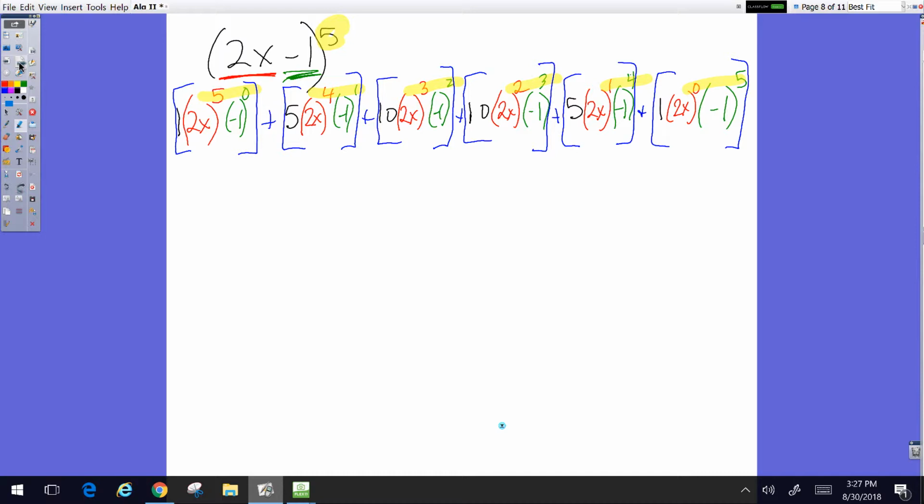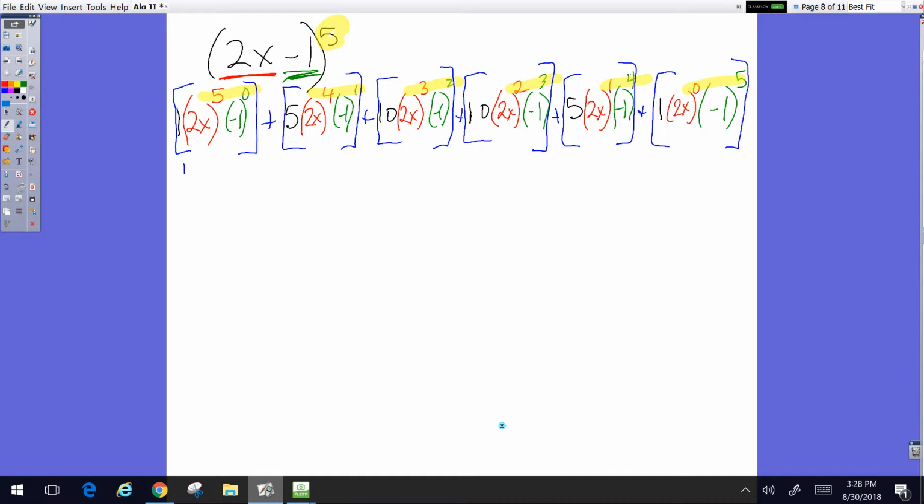Okay. Now, this part is not really hard, but if you try to do too much at once, you're going to confuse yourself. So don't do it. We're just going to do a little bit at a time. Order of operations tells us we have to deal with these exponents, the powers, before we can do anything else. So everything that's raised to a power needs to be raised to a power.